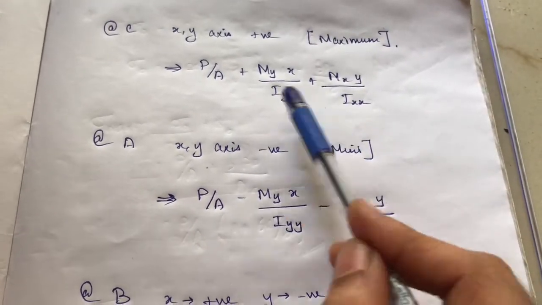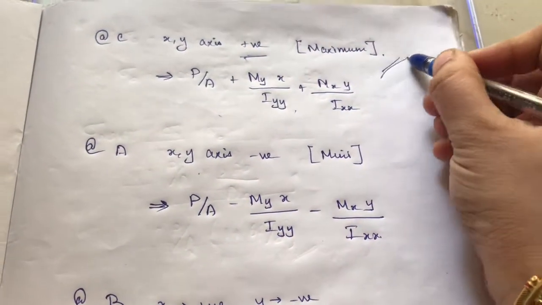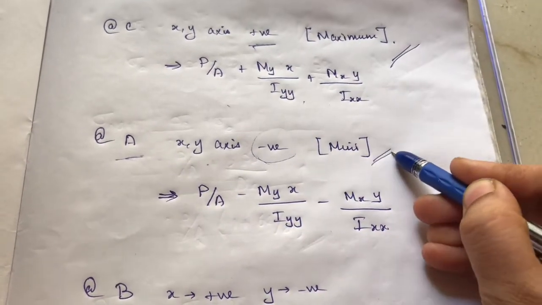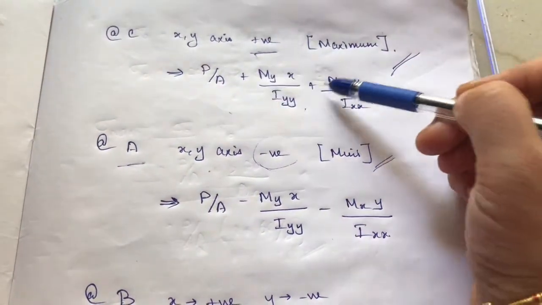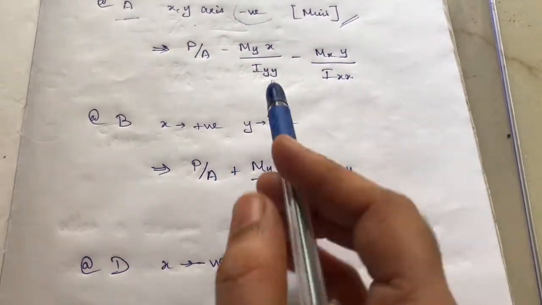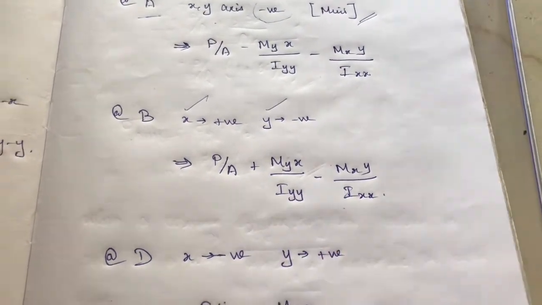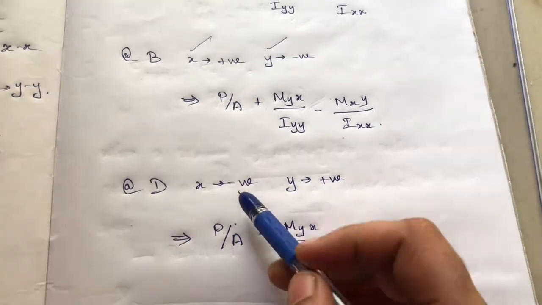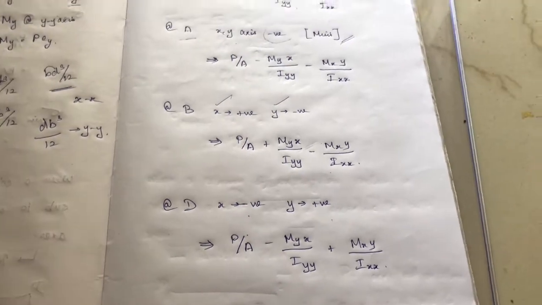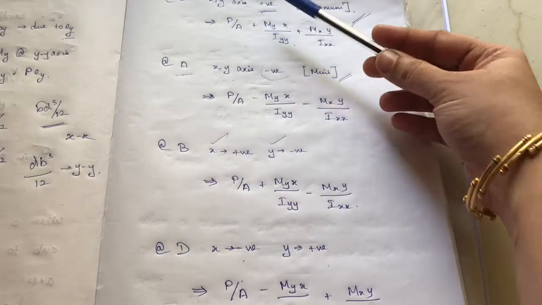So both the bending stresses are positive here. So it will be maximum. And at A it will be negative. So it is minimum. Okay, just put positive here and the negative minus. But in case of B, X is positive and Y is negative. Just substitute it like this, plus and minus. But in case of D, it will be minus and positive. So it will be minus here and it will be positive here. So these are the resultant stresses accordingly for the 4 points.